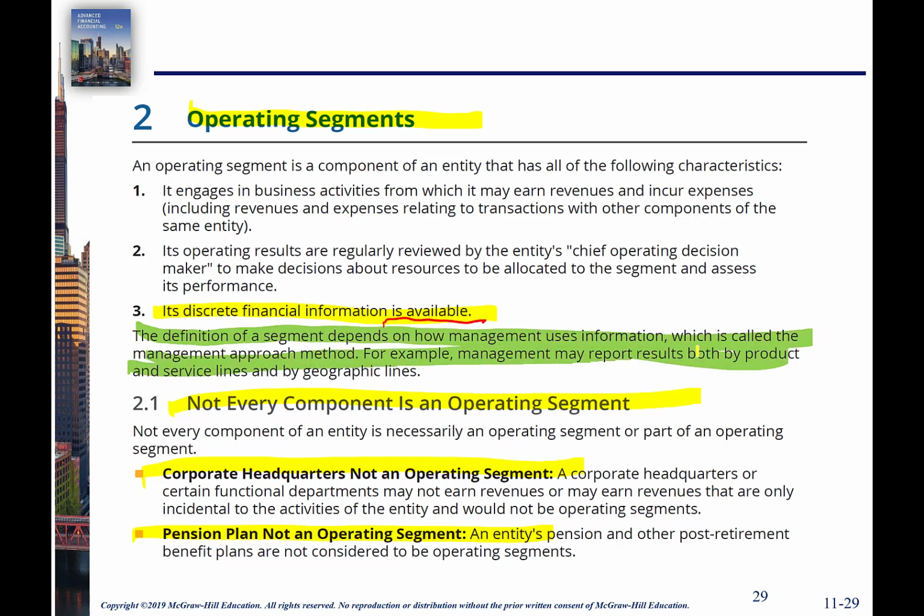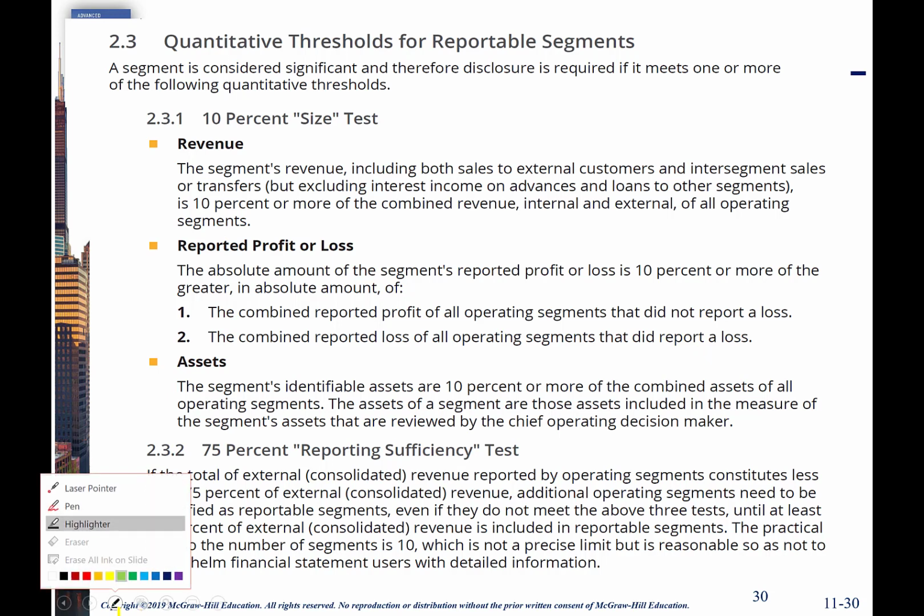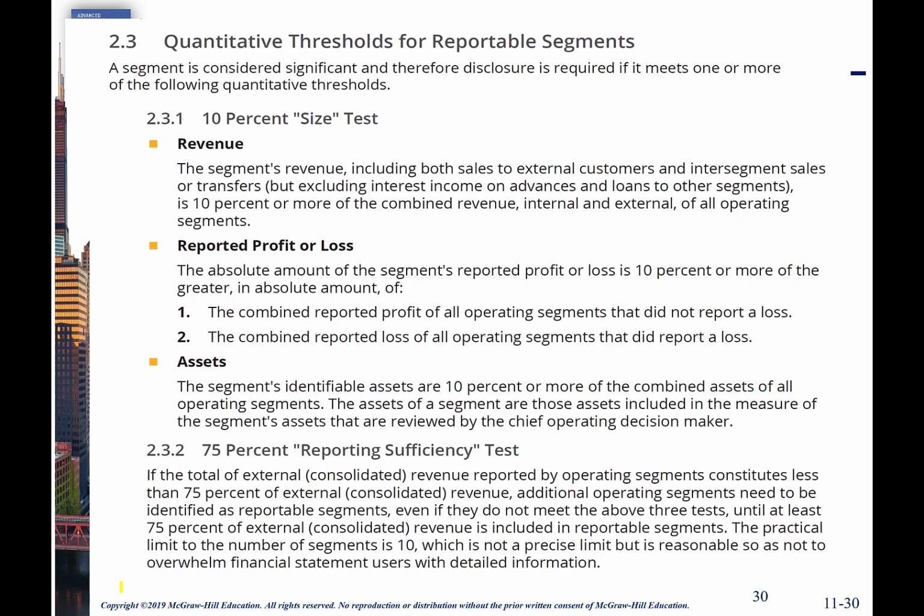All right, good. So now our main job is to figure out whether or not a segment is big enough to have to be reported as a segment. It turns out that there are 10% size tests that FASB has given us. One is a revenue test, one is a reported profit or loss test, and one is an asset test.